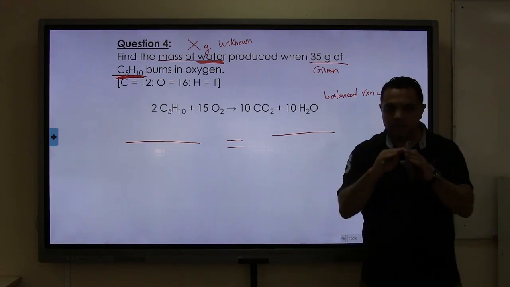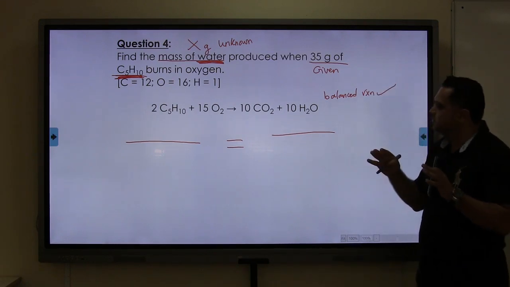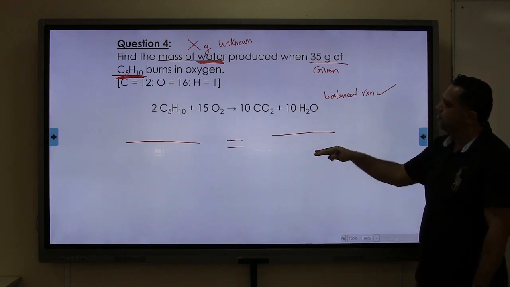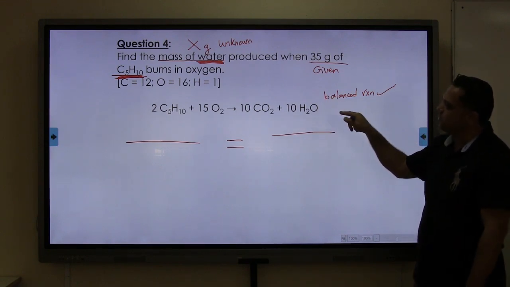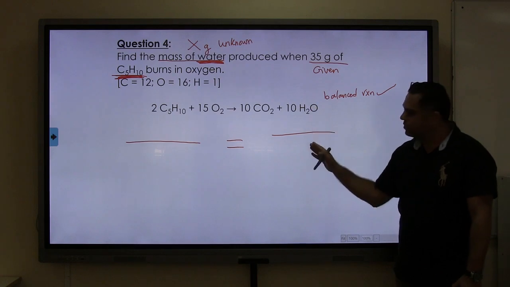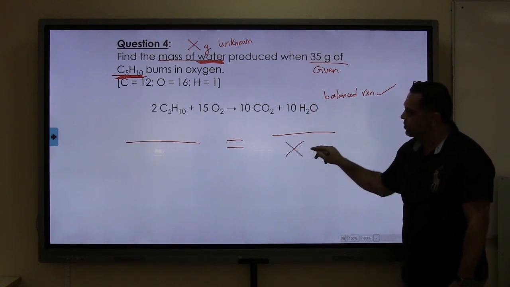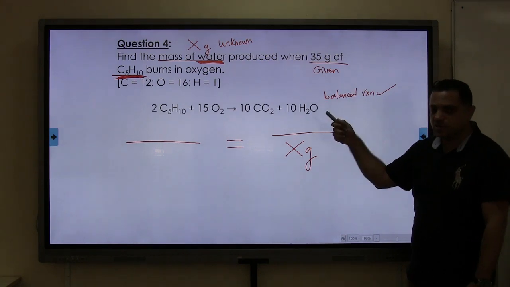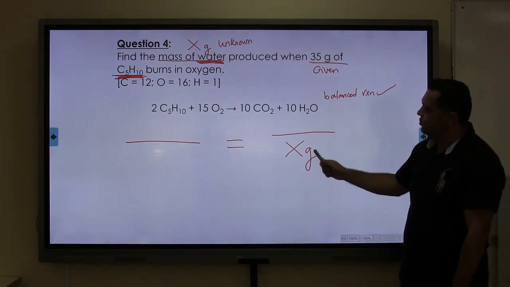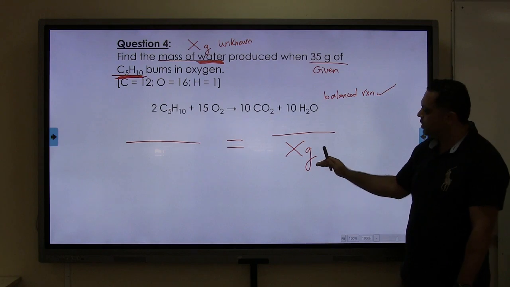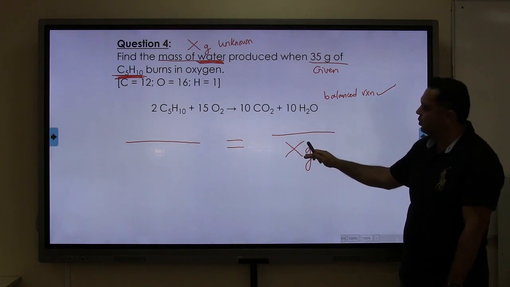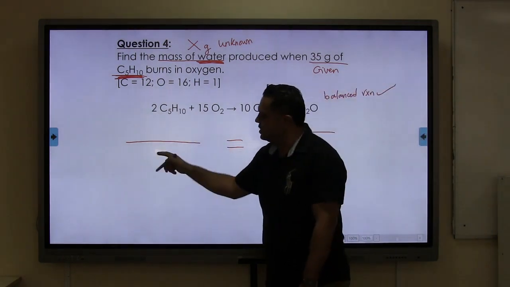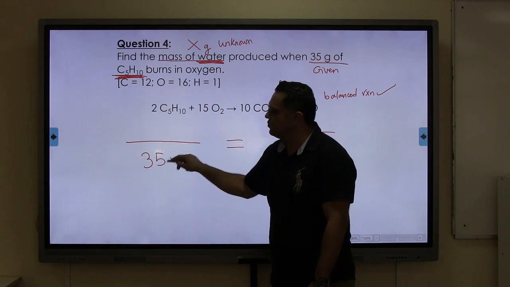Unknown and given will be placed on the same side, or on the same level. So find the mass of the water. I don't know the mass of the water. X grams of water. 35 grams of C5H10. So in this case, the 35 grams, which is the given, will be on the same level with the unknown. So X grams here, C5H10, 35 grams.